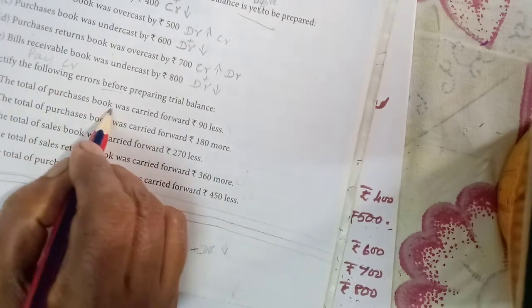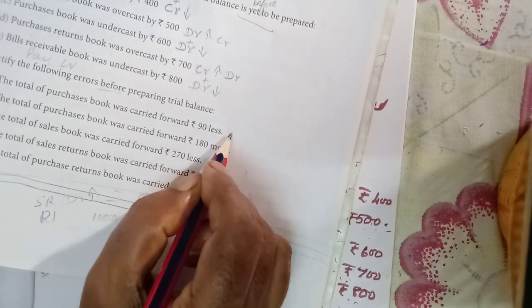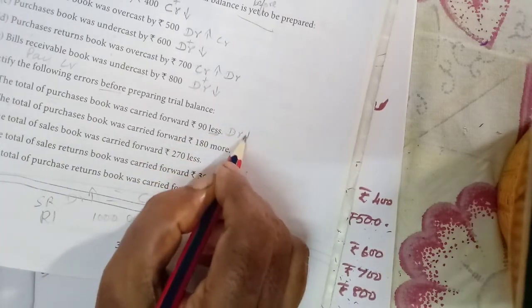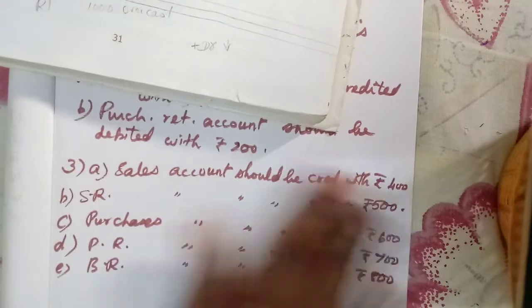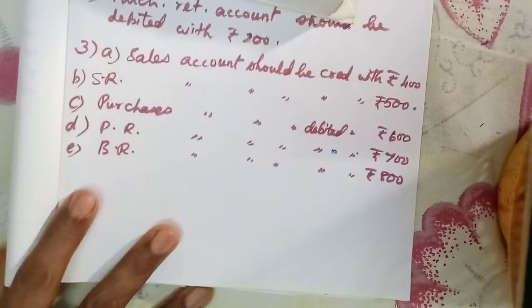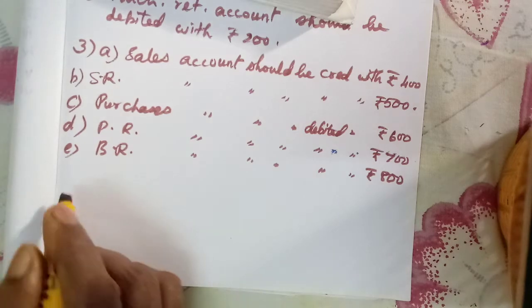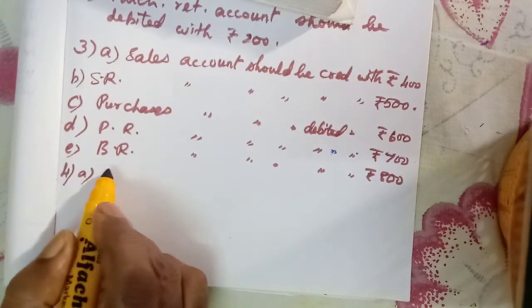Total of purchases book was carried forward 90 less. Purchase book shows which balance? Debit balance. Less. So we need to debit. So how will you write the answer? Number 4 A. Okay.